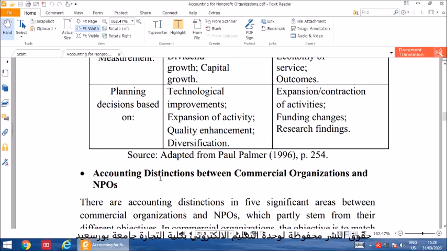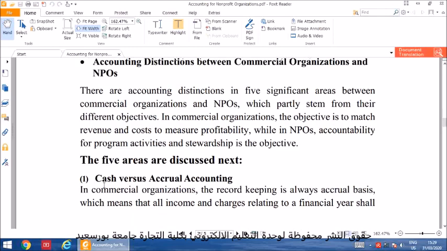Accounting distinctions. Here we will start to concentrate on accounting. Above, we mentioned the difference between the NPO and commercial organizations, but here we will start to concentrate on accounting distinctions between commercial organizations and NPO.